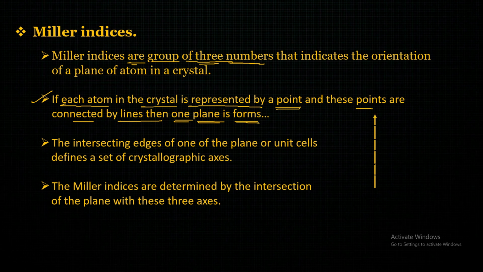Let's see the figure. In this figure we will consider this is the x-axis, this is the y-axis, and this is the z-axis. Along the x-axis we will consider this is our a, along the y-axis it is b, and along the z-axis it is c. The number represented on the x-axis is by a, along the y-axis by b, and along the z-axis by c.